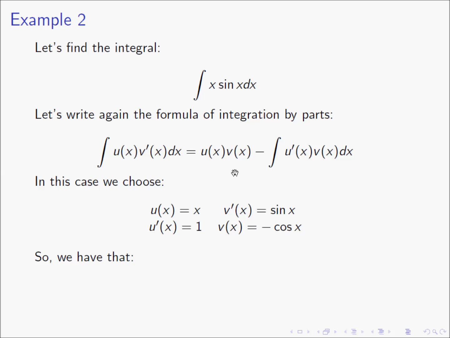So now we simply replace these functions in our formula to get that this integral, where u of x equals x and v prime of x equals sine of x, equals x times minus cosine of x, where x is u of x and minus cosine of x is v of x, then minus this integral where 1 is u prime of x and minus cosine of x is v of x.